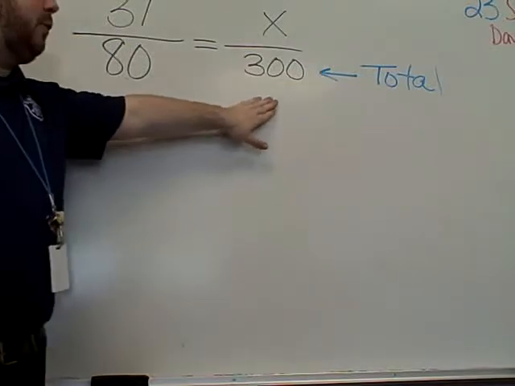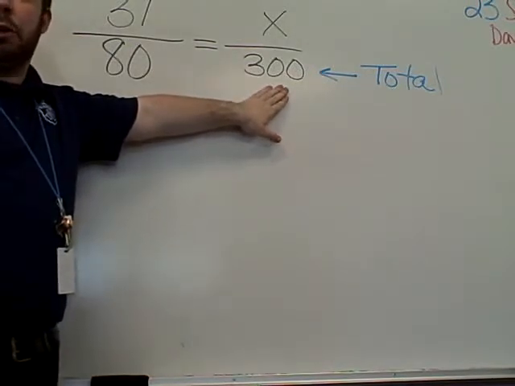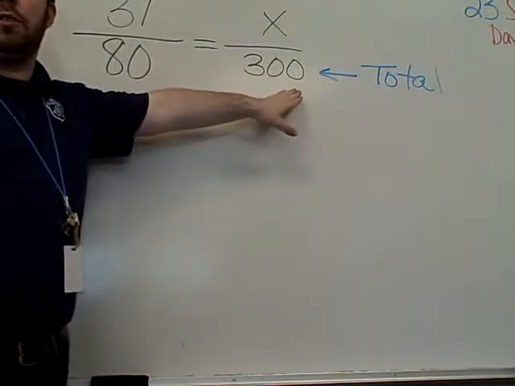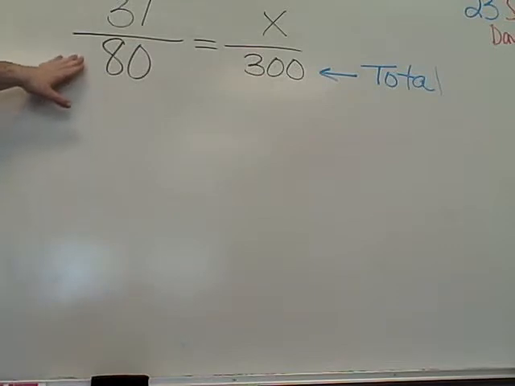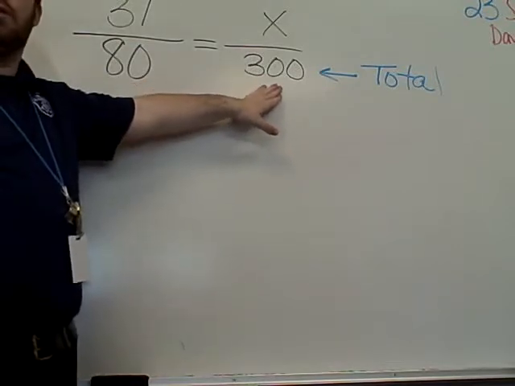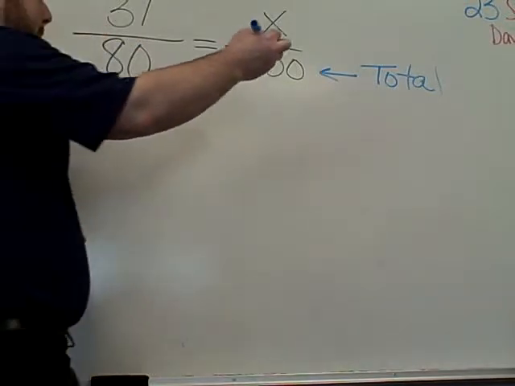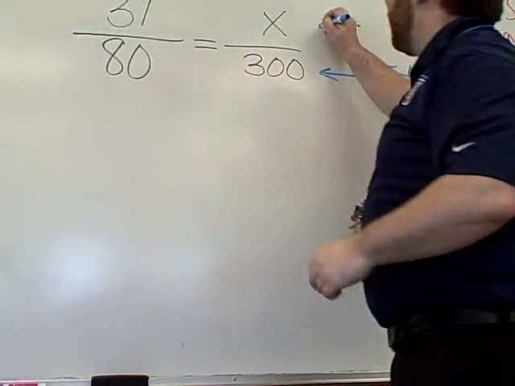And over here we found out with our story problem there's 300 people at the blood drive, so this is the total number of people. So do you understand how this is a total and this is a total? Yes. Okay. Your numerator, if it's not the total, must be the opposite of total. What's the opposite of total?